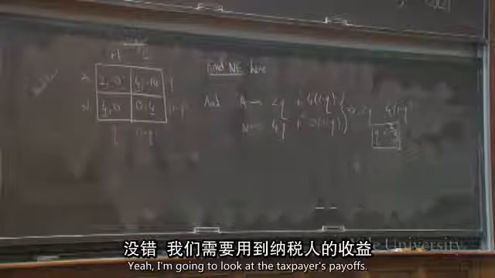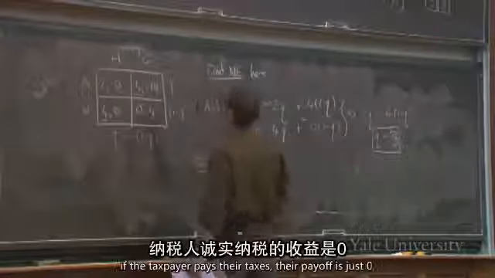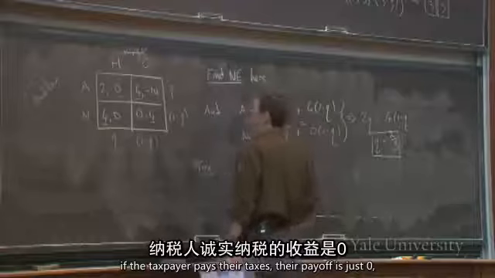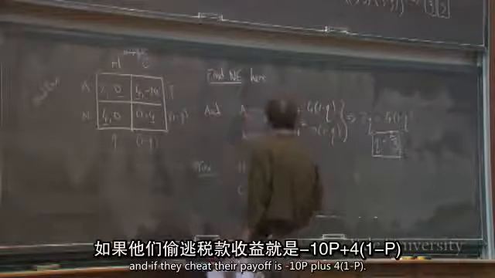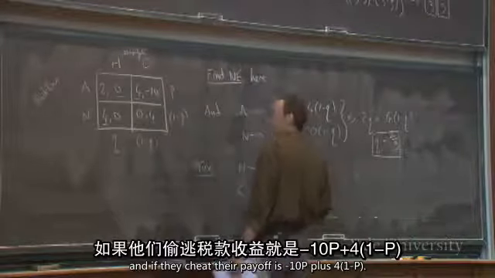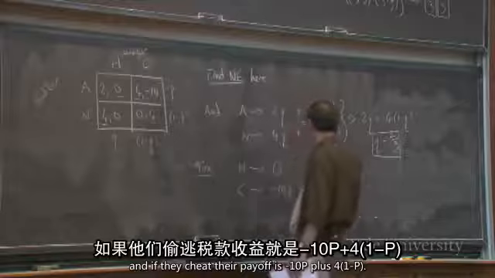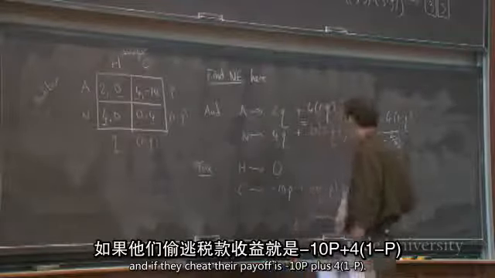Yeah, I'm going to look at the taxpayer's payoffs. So from the taxpayer's point of view, if the taxpayer pays their taxes, their payoff is just 0. And if they cheat, their payoff is minus 10P plus 4(1 minus P).